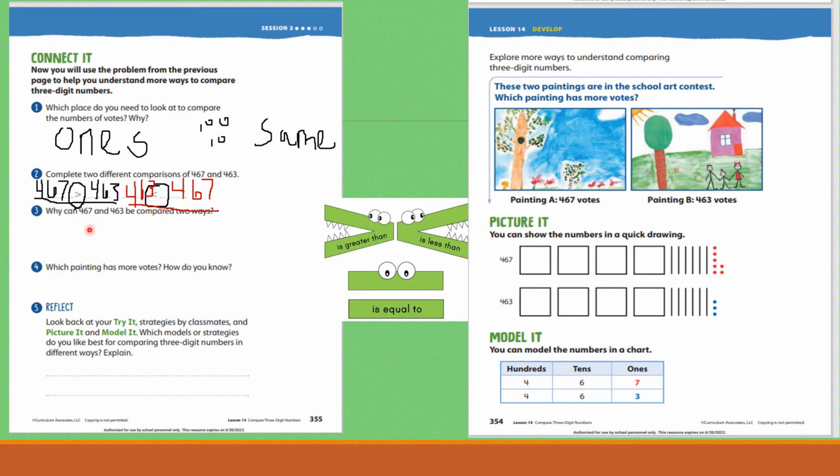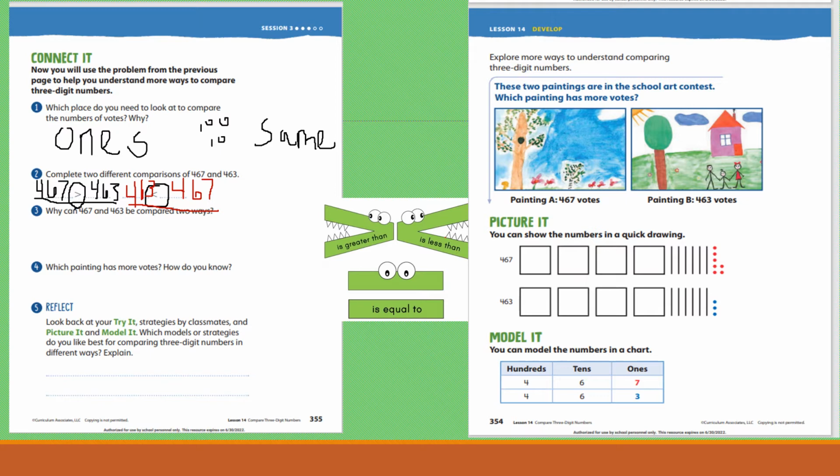So I can say that one number is greater than the other number, then I can say that the other number is less than the other number. So I can say 467 is greater than 463, but I can also say 463 is less than 467. And I can say that because they're two different numbers. The numbers are not equal. They are not the same.